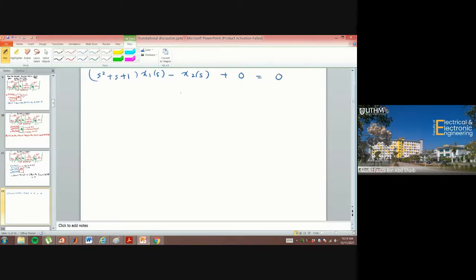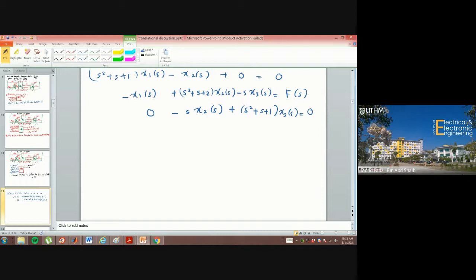The second: minus s S1(s) plus s square plus s plus 2, S2(s), minus s S3(s) equals Fs. Then the third: 0, minus s S2(s) plus s square plus s plus 1, S3(s) equals 0, right?